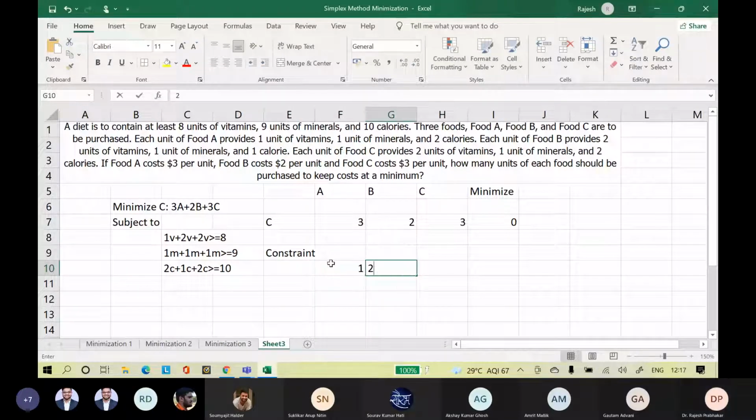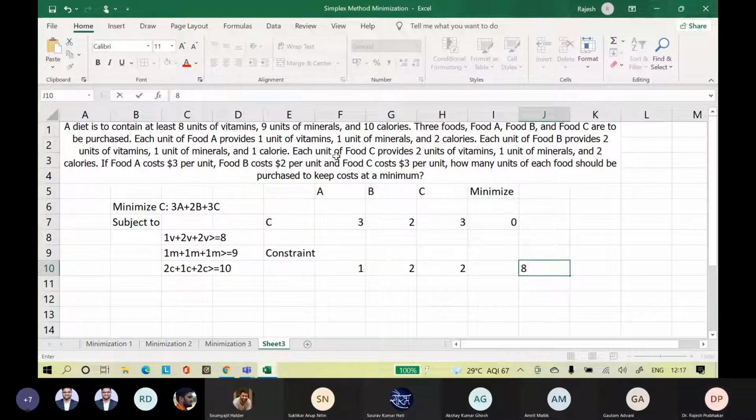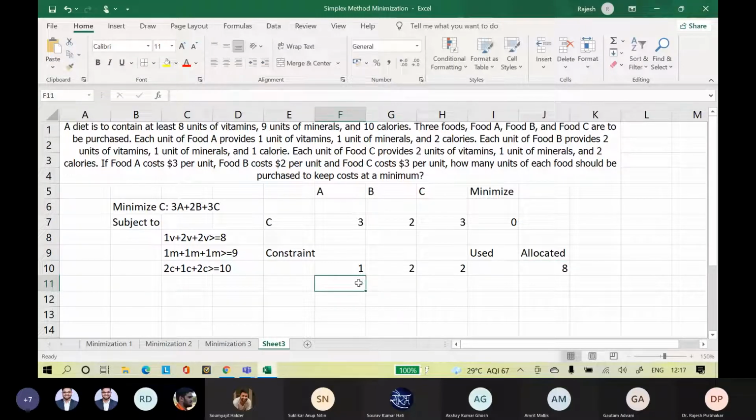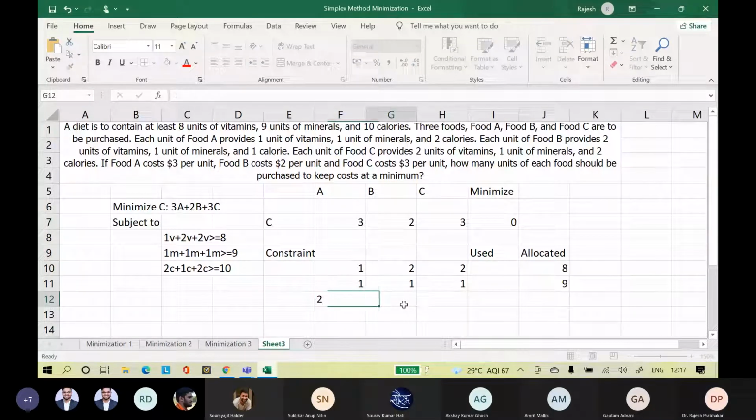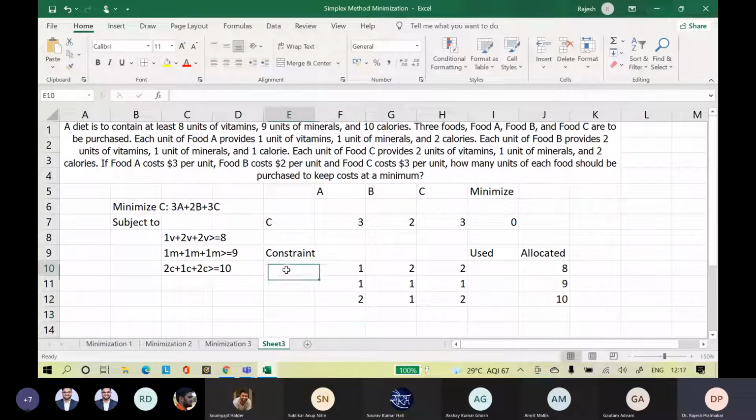So 1, 2, 3. This is 1, 1, 1. This is 9. This is 2. This is 10. So these are your vitamin constraints.